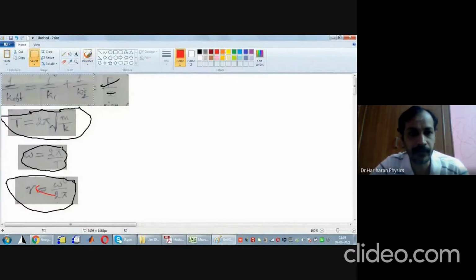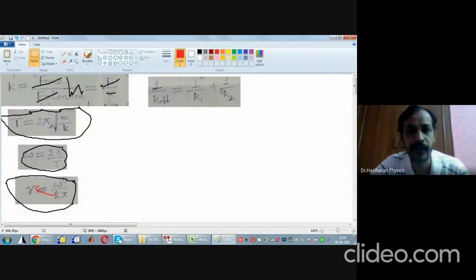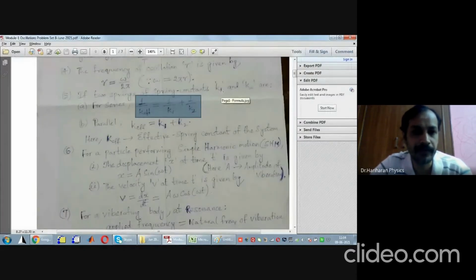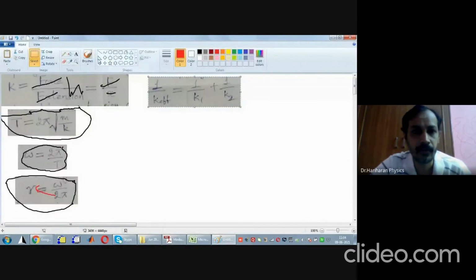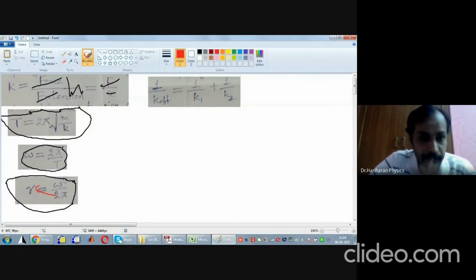I will call this 5a. So what does that mean? If two springs are connected in series, then the effective spring constant of that series combination is given by 1 by k effective is equal to 1 by k1 plus 1 by k2.